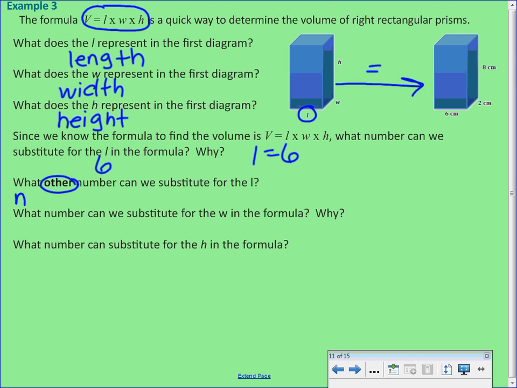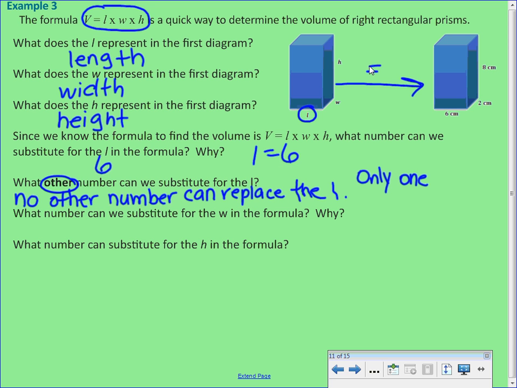No other number can replace the L. Only one number can replace one letter. And this is our focus of our lesson today.